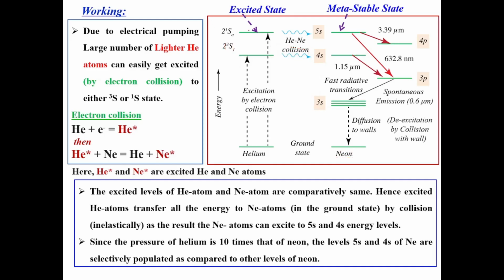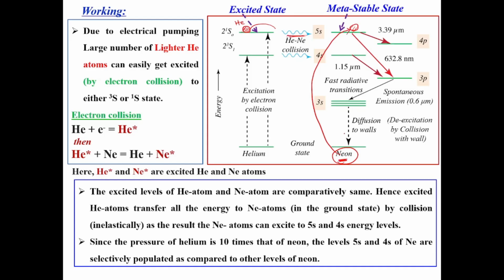Likewise, whatever energy the helium atom has in the other state is easily transferred to the neon atom, and this neon atom will be excited to the 5s level by the so-called inelastic collision between helium and neon.